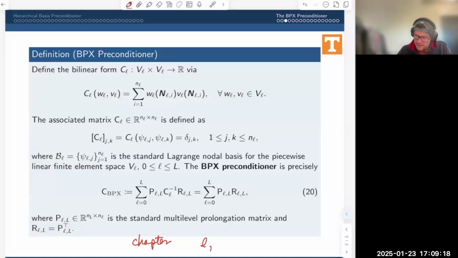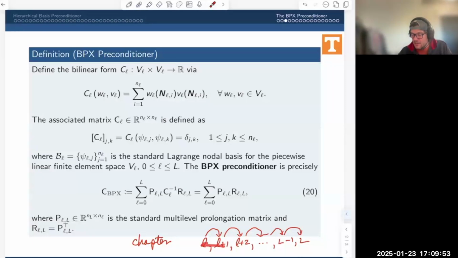So you go from l to l plus 1, l plus 2, and eventually you get to L. You prolongate to that space, then prolongate to the next space, and keep going until finally you prolongate up to L. We can build these independently by just multiplying these matrices together.